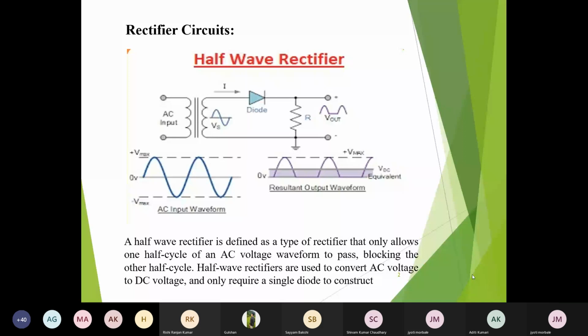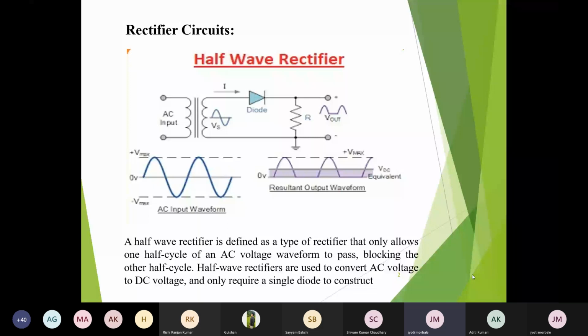So after the diode and its characteristics, we are going to see the second part of this unit number 2, that is applications of the diode. Second unit is about diode and its applications. So in the first part हमने diode देखा, उसके characteristics देखे.